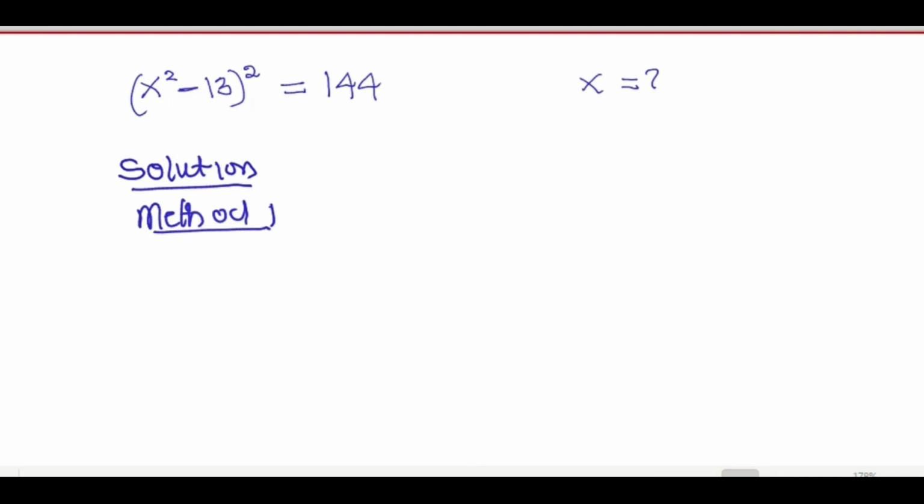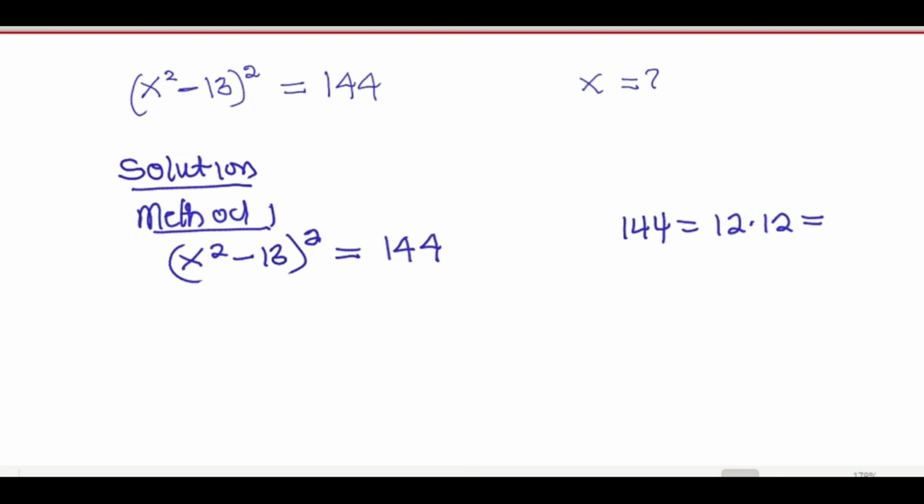In method 1, we have (x² − 13)² = 144. But 144 is the same as 12 times 12, so that equals 12².